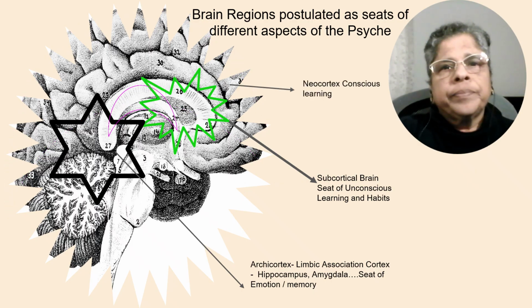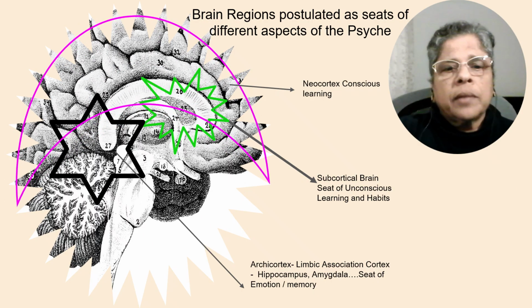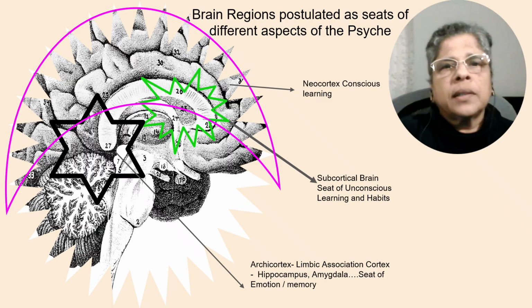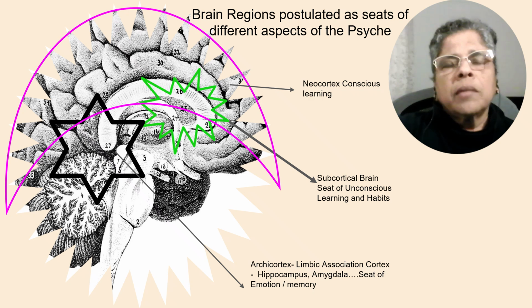The earliest part of the brain is what is labeled archicortex. The later developing region is called the mesocortex, and the final developing part is called the neocortex. All of them are cortical regions in the sense they are all seats in the brain where nerve cells are situated.